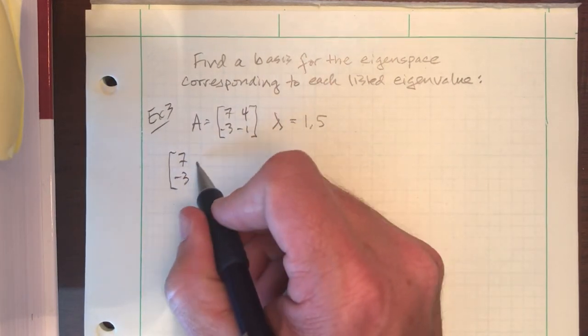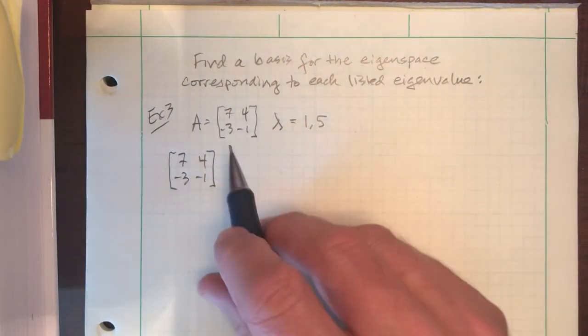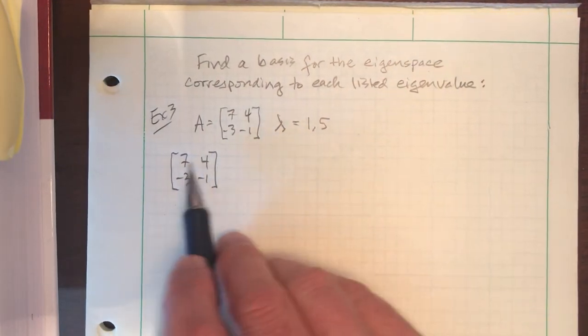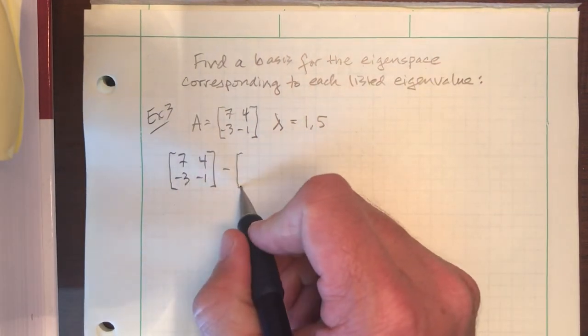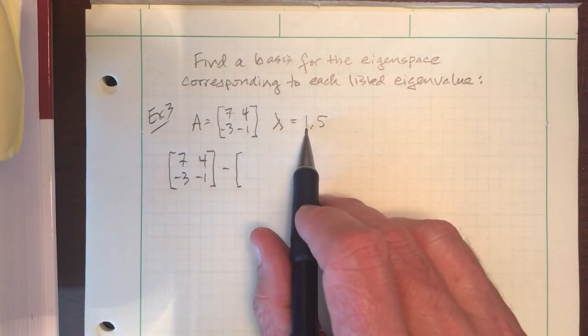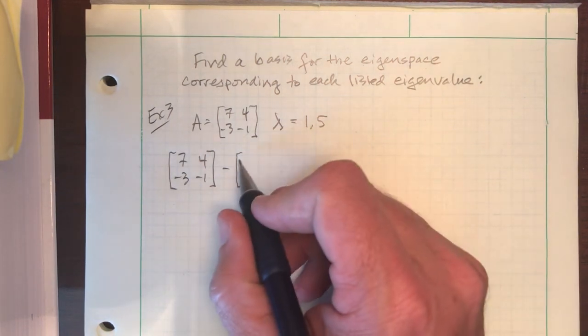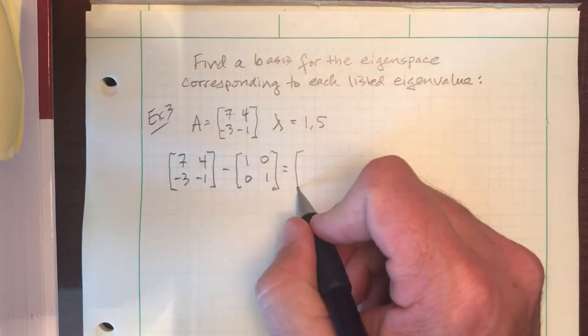If I take my first one, you'll remember from example 2, we ended up subtracting from my original matrix a scaled version of the identity matrix, scaled by an eigenvalue. Well, the first one being 1 doesn't change it at all. It looks just like this. Let's subtract.